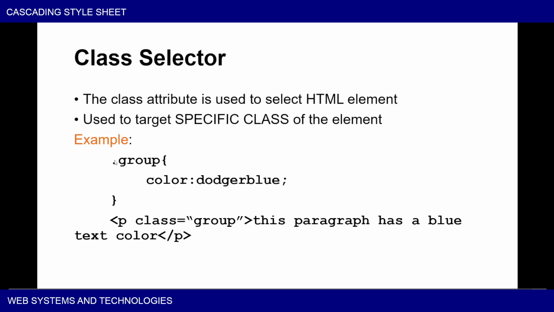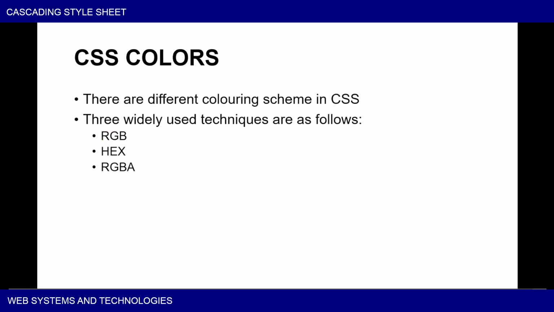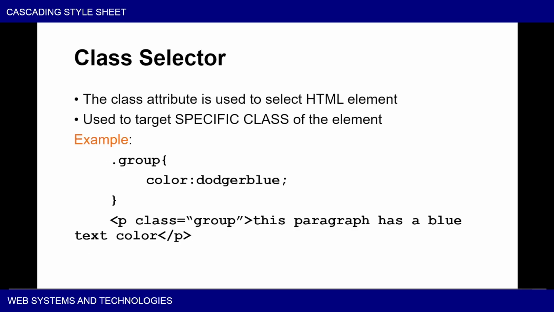Group, ito yung pangalan ng ating class, and then we wanted to change the color of whatever is na nasa loob nitong group to Dodger Blue. So let's say for example, we have here a paragraph, and then we have a group class equal to group, and this paragraph has a blue text color on it. So paano ganun siya gamitin sa ating class selector? Okay, I'll show you how to do that.